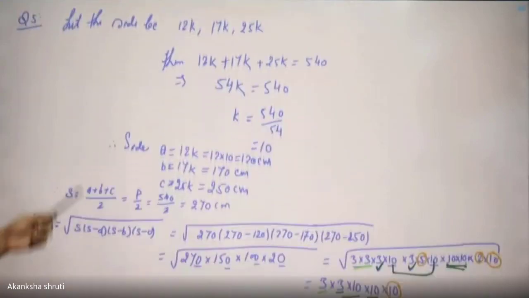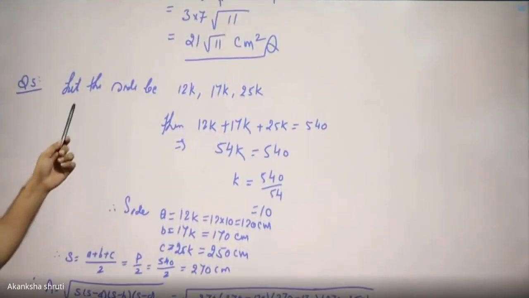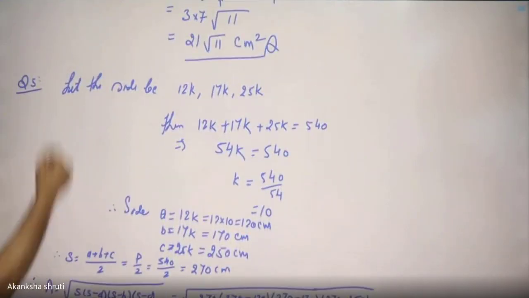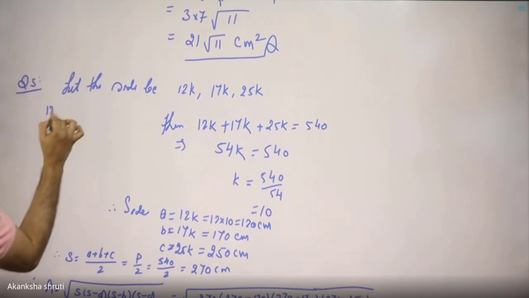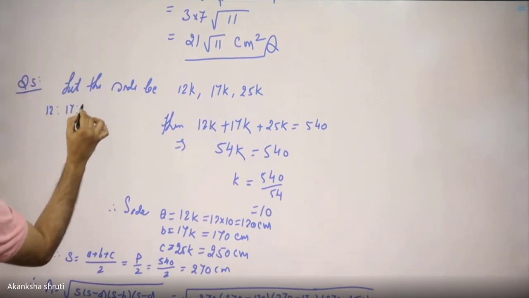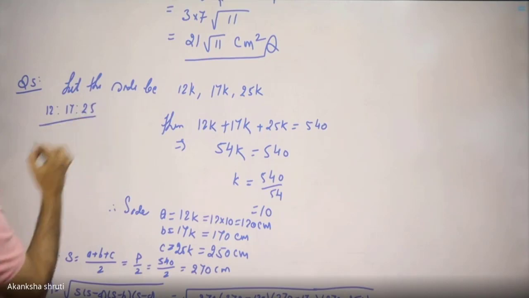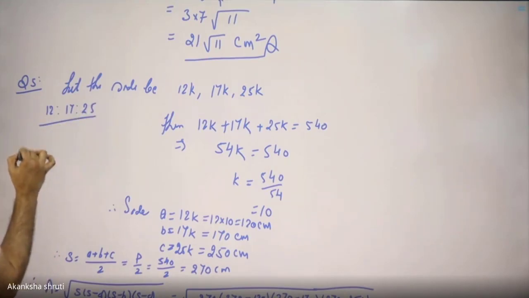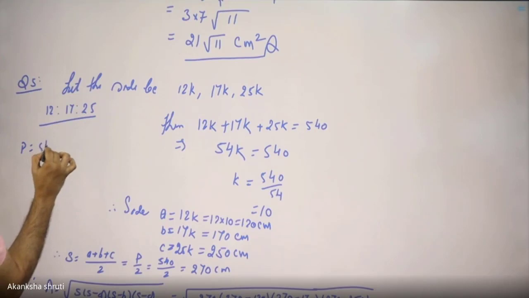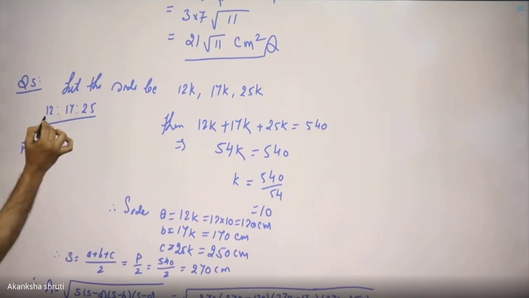In question number 5 also, students, it was given that the sides were in the ratio of 12 to 17 to 25, and the total perimeter was 540. These are the side ratios, not the exact side lengths.